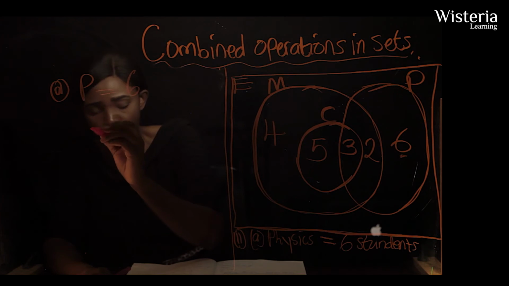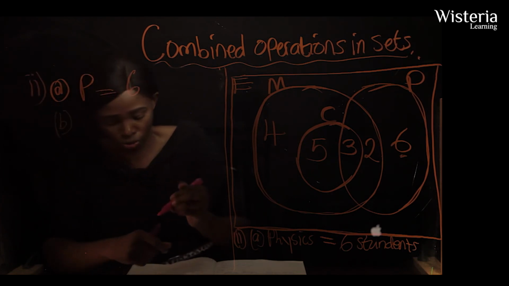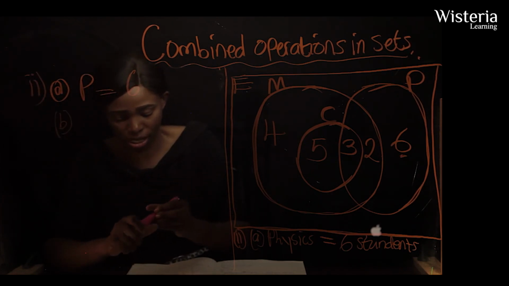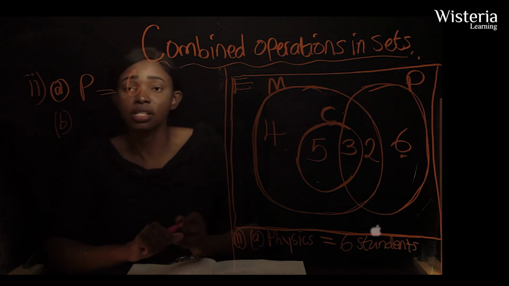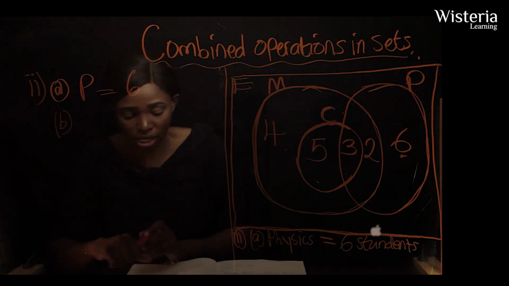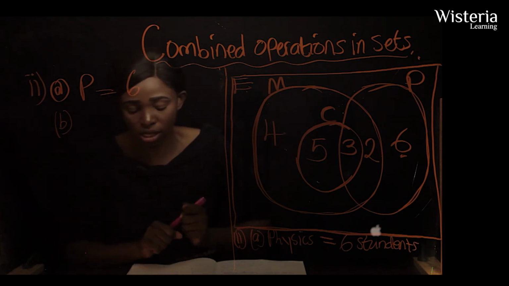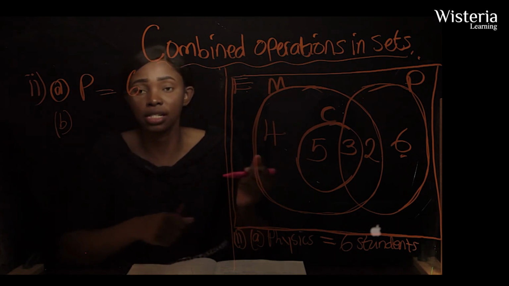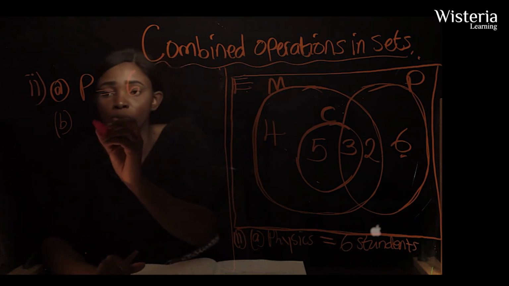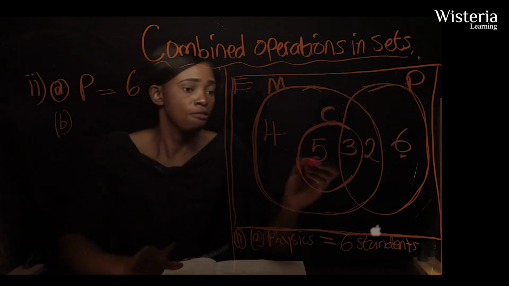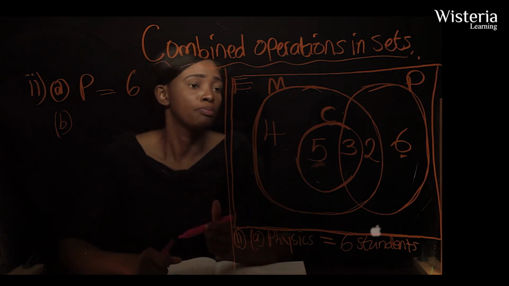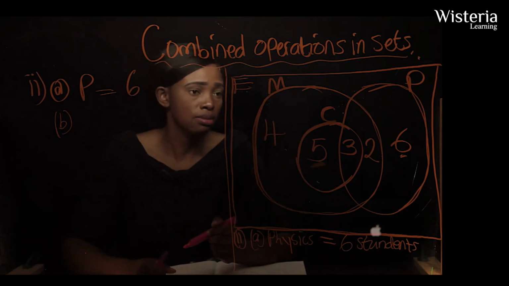Then we are also required to find how many students study 2 subjects only? 2 subjects only, we're going to have these, they study chemistry and mathematics.